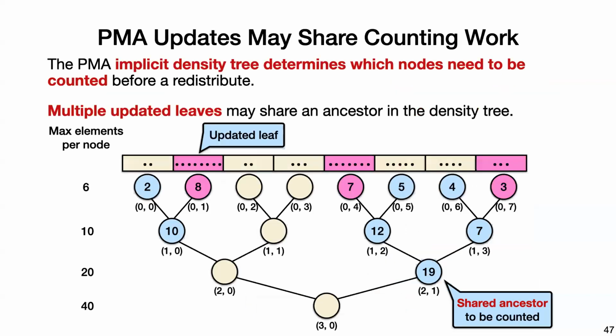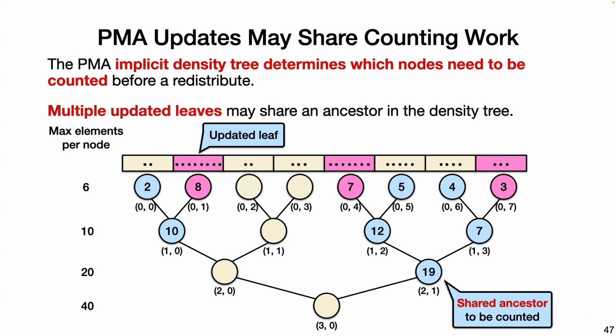So like I said, the main hard part is counting. And it actually turns out that this is the hard part, because if you trivially do them in parallel, it's actually not work efficient. This is your PMA, and the dots are elements in the PMA, and pink means things that were modified in your batch merge. And these are the counts.